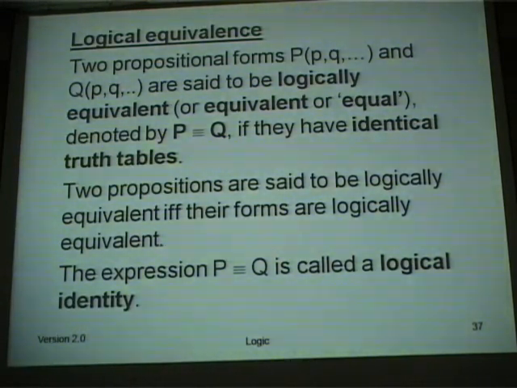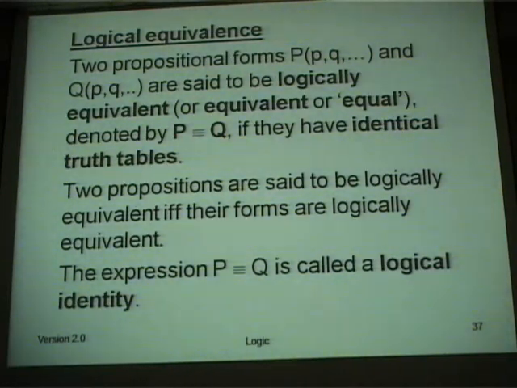So given two compound propositions in a different form with three variables, I can assign any combination of truth values for p, q, r, and both take the same value every time. So they look different but represent the same thing. Therefore I don't use equal, I don't say these two compound propositions are equal.